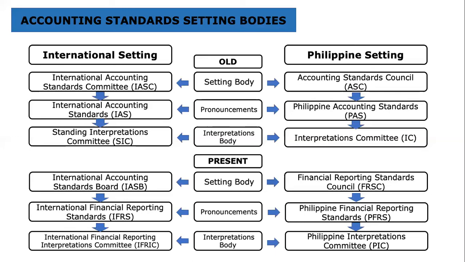And Accounting Standards Council created the Interpretations Committee, diba, as their interpretation body. But right now, at present, it was being replaced for the international setting. It was being replaced by International Accounting Standards Board, and in the Philippines, FRSC. If the question right now, who is the present standard setting body in the Philippines, and the answer is FRSC.